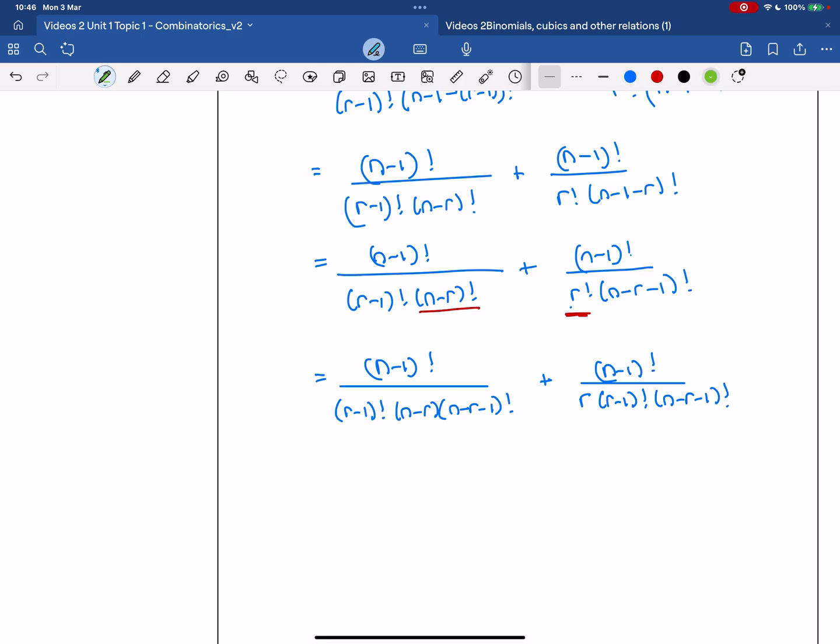And then hopefully you can see I have got that and that are common factors, that and that are common factors.